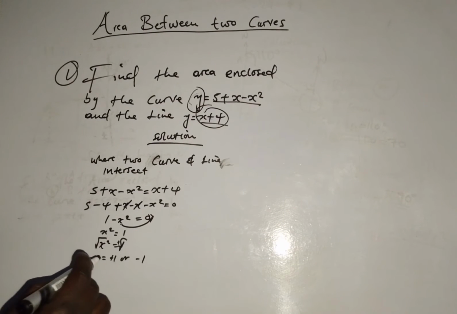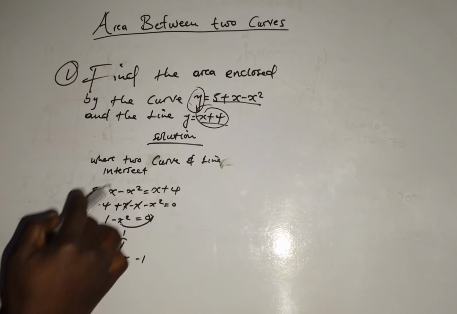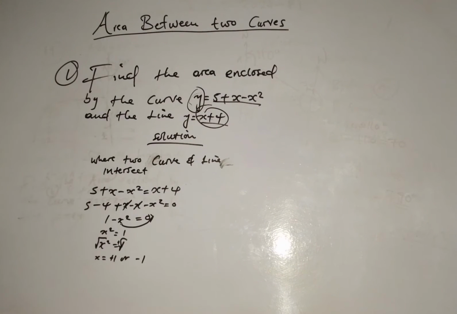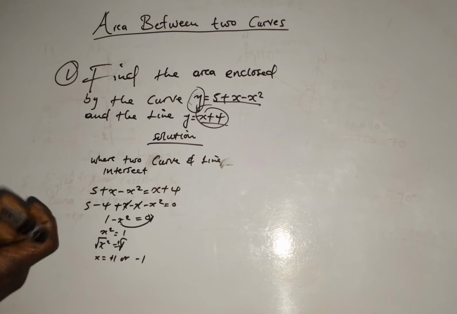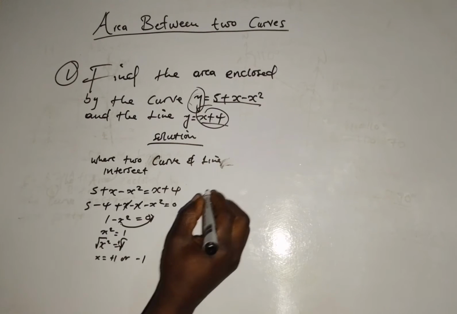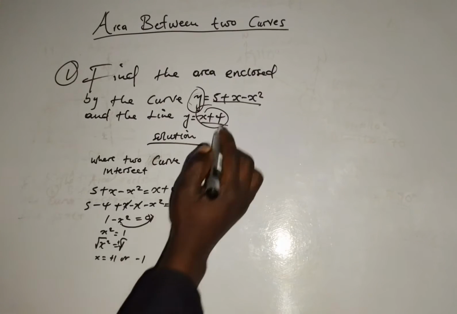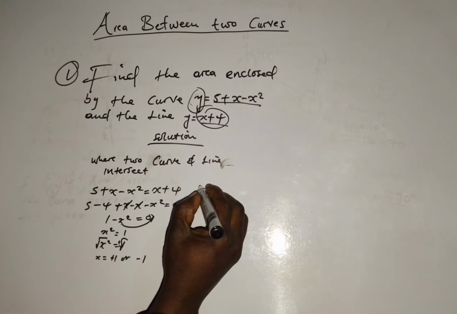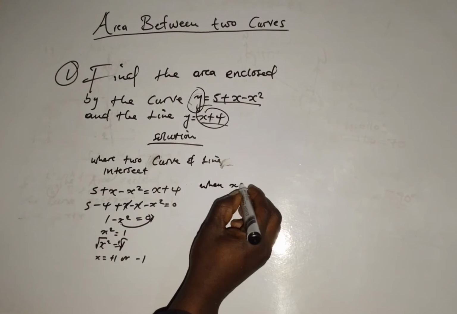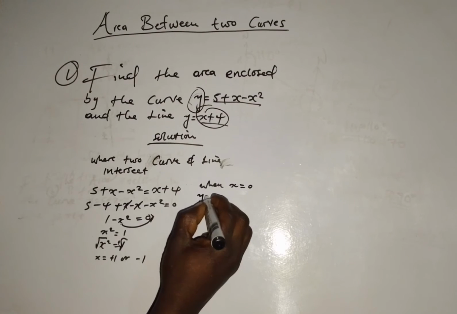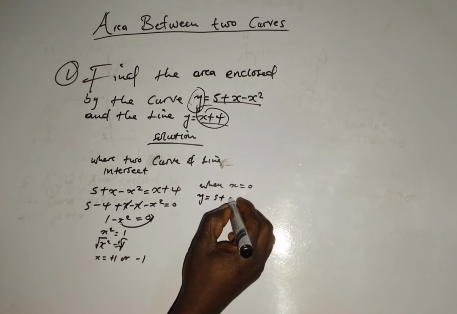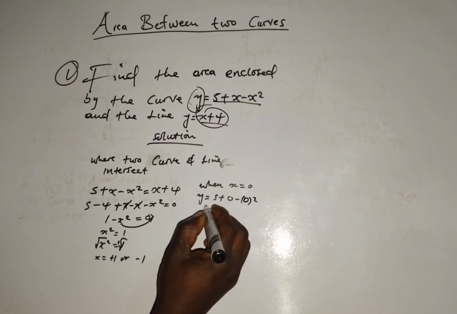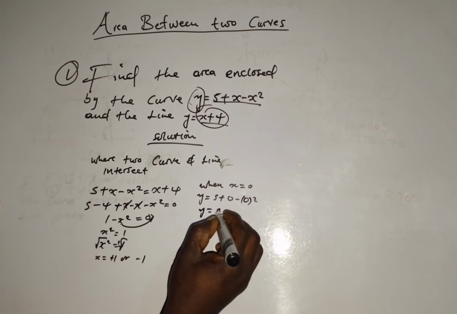Now we have to find the y-intercept, where the curve cuts the y-axis. From equation 1, which is the curve, when x equals 0, y equals 5 plus 0 minus 0 squared, so y equals 5.